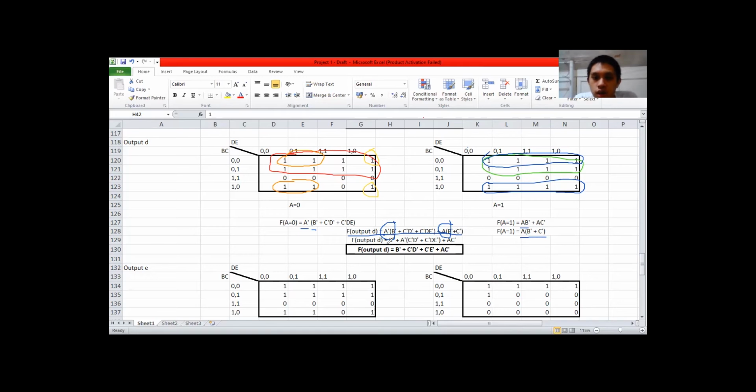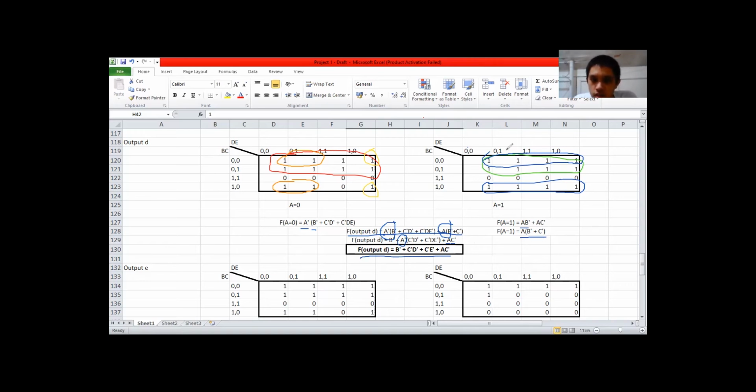Therefore, it will just become B prime, which is ORed with this one, ORed with this one. Applying the simplification theorem once again, we can remove this A prime in order to provide a much simpler output for D. Therefore, the logic function will become B prime or C prime E prime or A C prime.